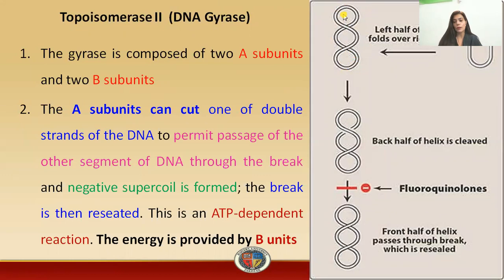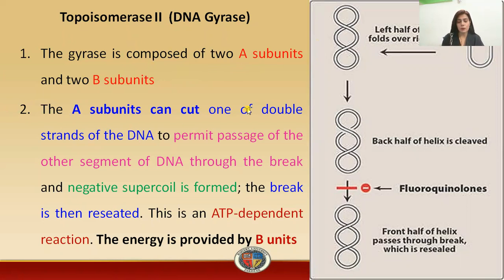This diagram represents a DNA coil. But before going into the detail of this diagram, we have to understand the DNA gyrase. This DNA gyrase consists of two subunits, subunit A and subunit B. Both of these units are very important.